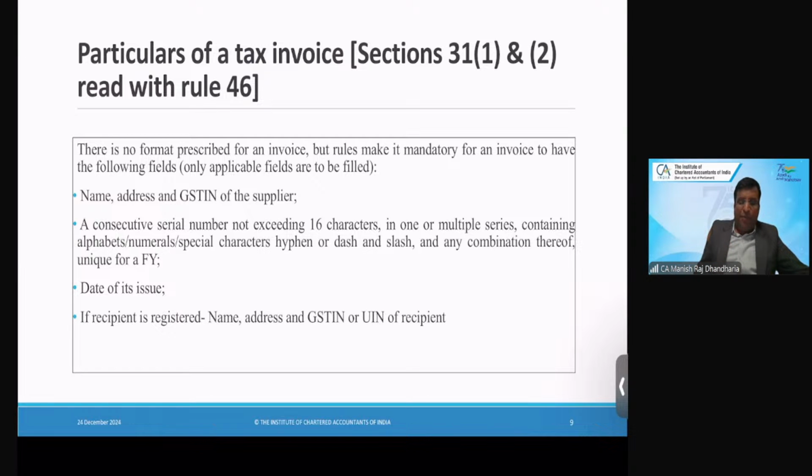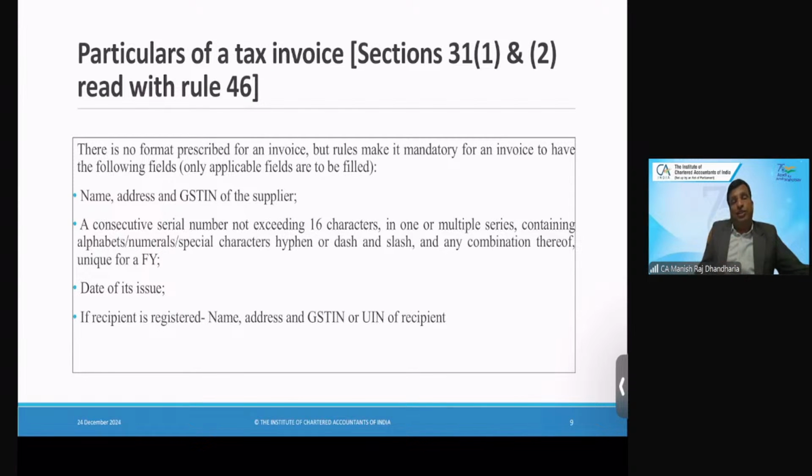There is one very important point regarding the invoice number. Suppose there is a company which deals in 4 different varieties of product. What can the company do? The company can maintain 4 different series of invoices. Let me give you one example.